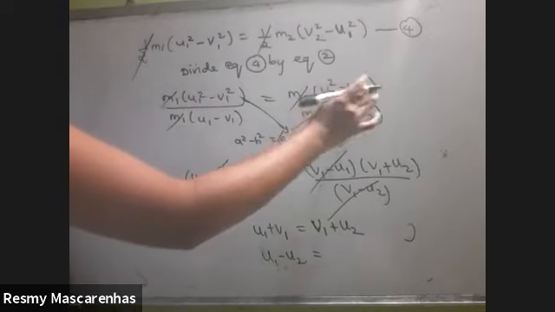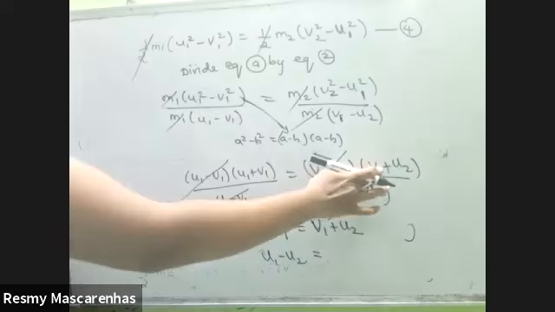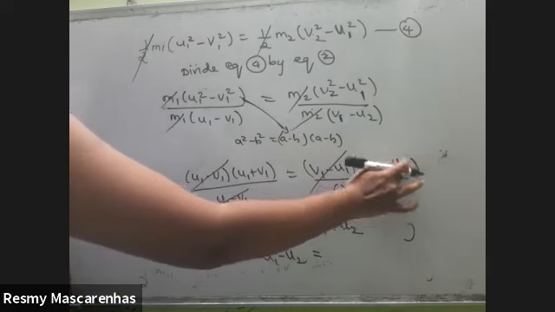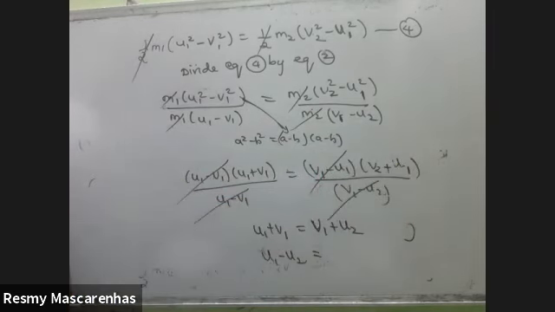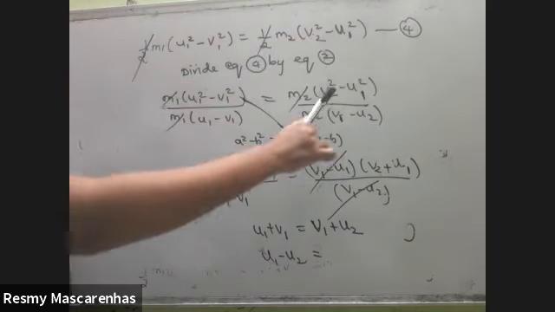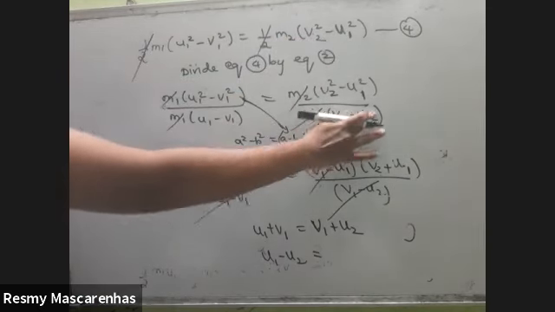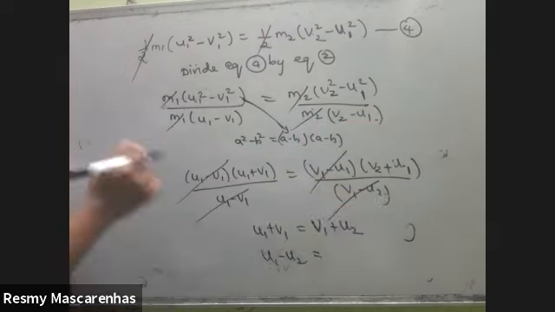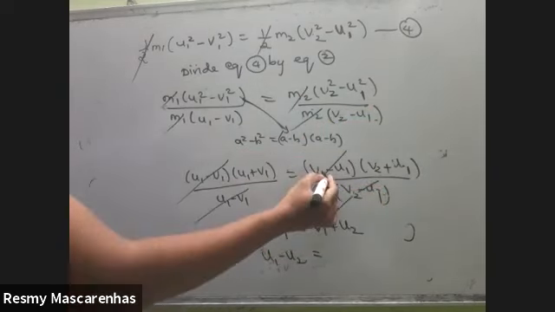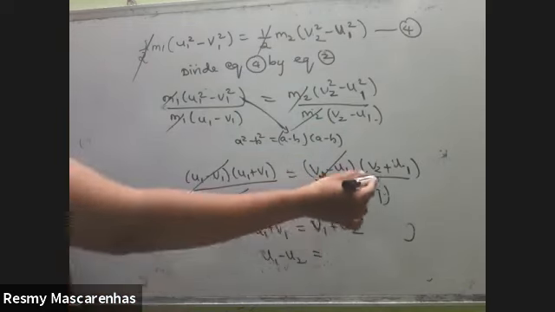Make it this way everywhere. While taking out common, I must have made a mistake. This is 2 and this is 1. So this is also 2 and 1. This is 2, this is 1.